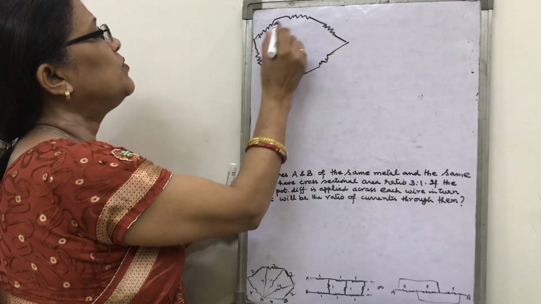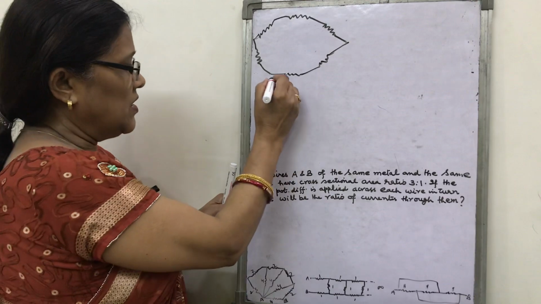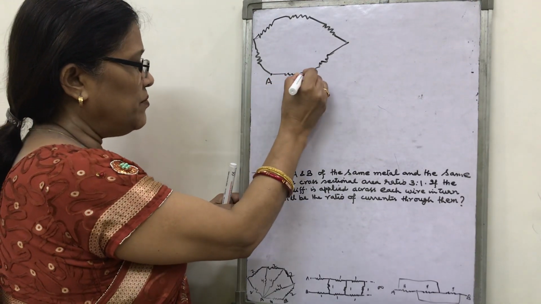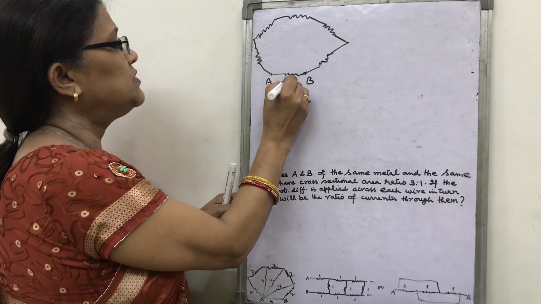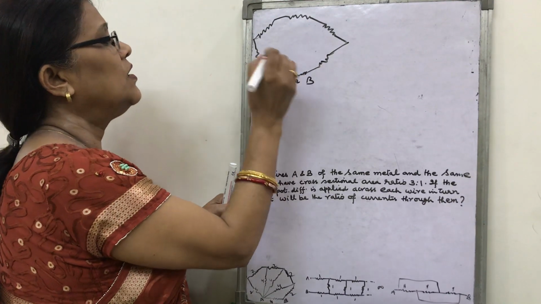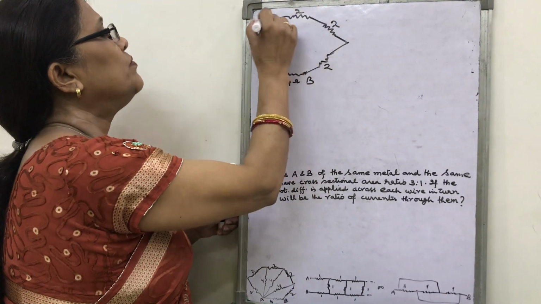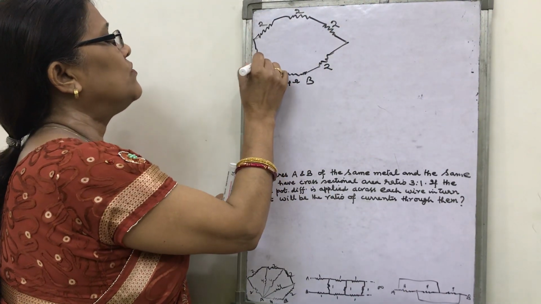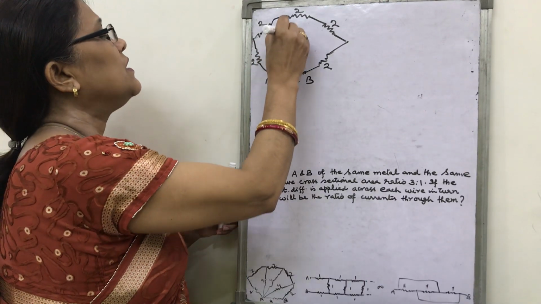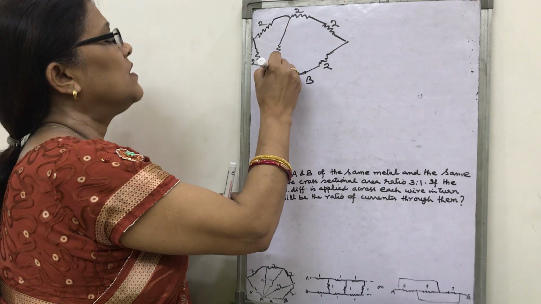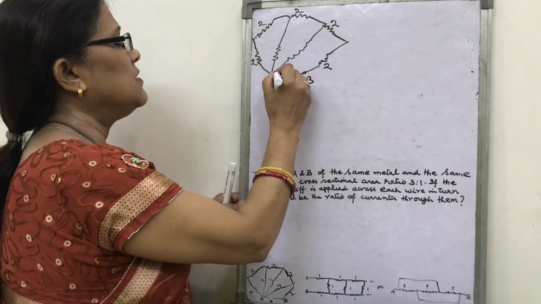So 1, 2, 3, 4, 5, 6 resistances are given, and this is the A and B end of the bottom resistance, and this is suppose 4 ohm, and the rest of the resistances are 2 ohm each, and the resistances connected here are given like this.